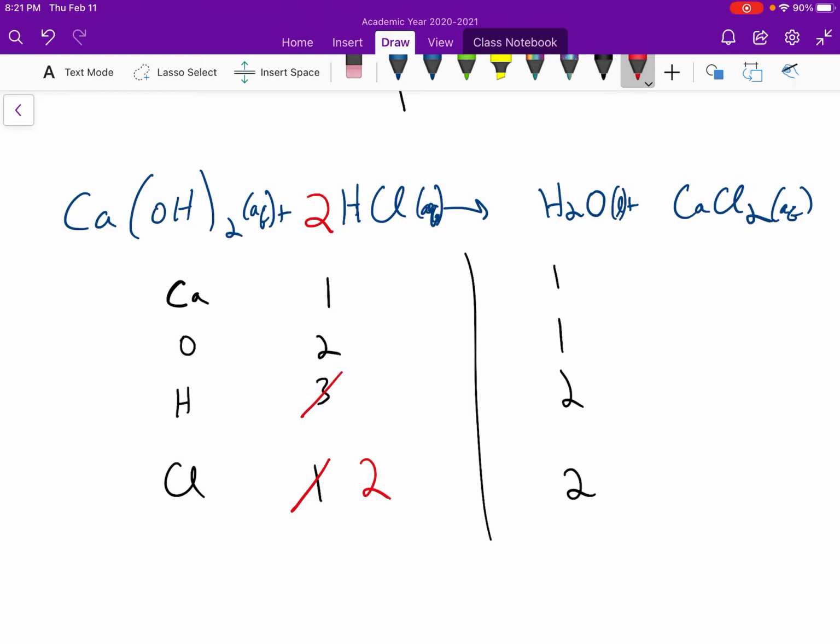And that makes 4 hydrogens. Okay? Now I need 4 hydrogens on the right. So I'm going to put a 2 here. 4. 2. And it looks like that is correct. Okay? So that is the balanced equation. And that's how you do it.